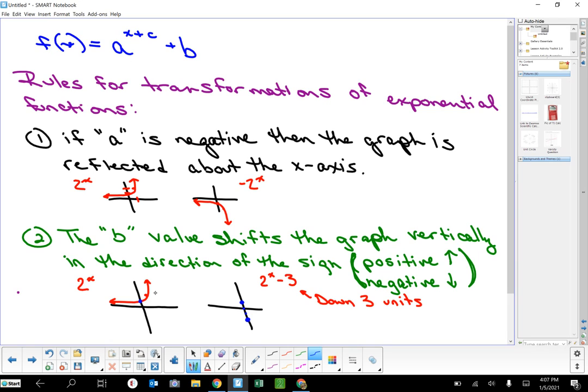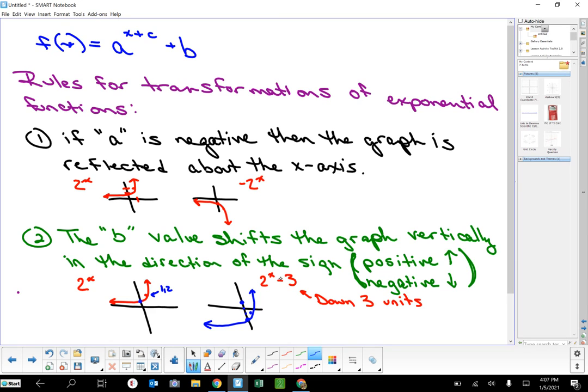And then this point right here is normally 1, 2. It's still going to be at 1, but I'm going to drop it 3 units. So it's going to be at 1, negative 1. And my asymptote is going to be 3 units below this guy. Oops, I missed my point, but you get the idea. So the graph is going to look identical to the other one, just 3 units lower.